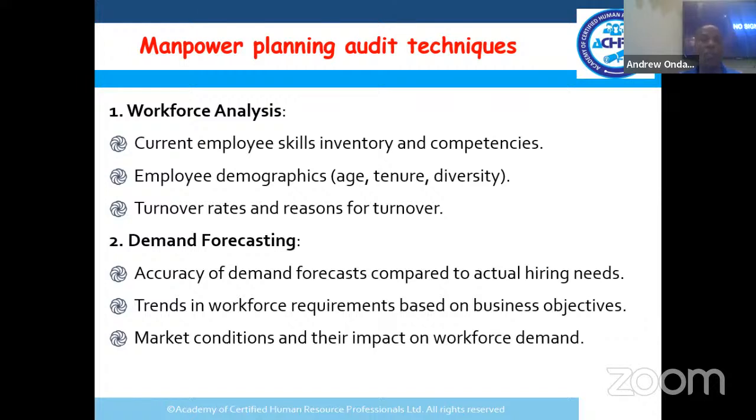We can also use age as a way of compliance. Compliance because we don't want to employ people who are underage, because the Employment Act does not allow minors to be engaged in formal employment. We can also look at age in terms of retirement.